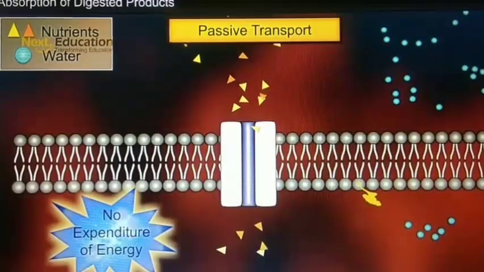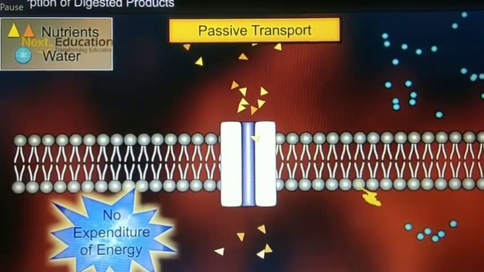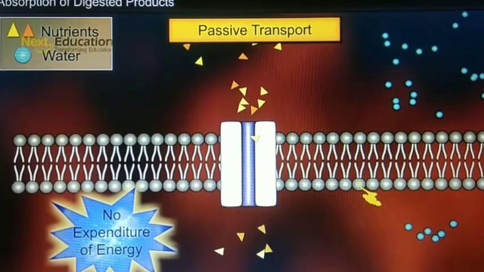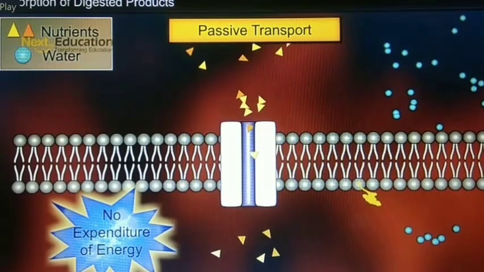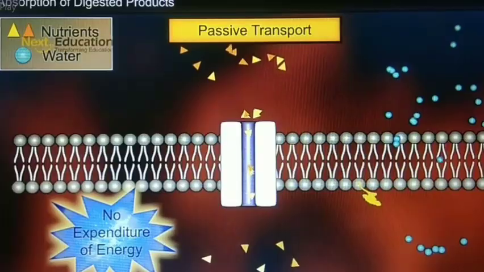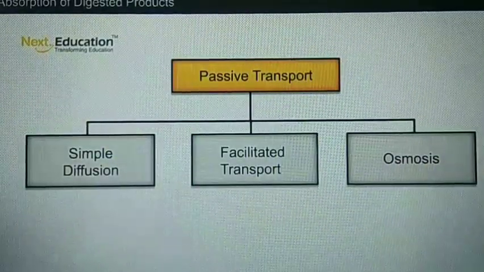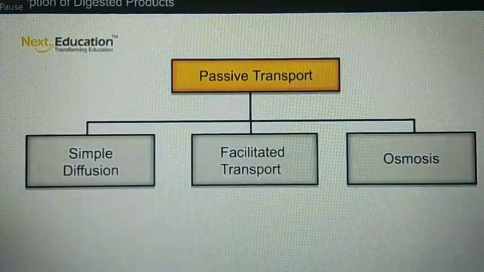Passive transport takes place without expenditure of energy, without the use of energy. Molecules simply diffuse from the intestinal lumen into the intestinal wall, like nutrients and water mainly.